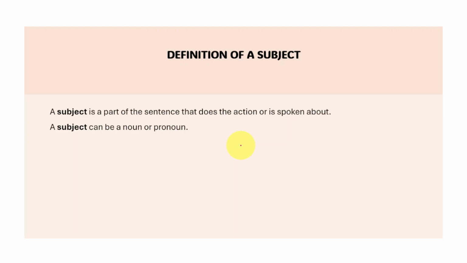A subject is a part of the sentence that does the action or is spoken about. A subject can be a noun or pronoun. When I say noun, Kevin is a noun. Guylain is a noun. Abby is a noun. Amy is a noun. Anne is a noun. Paul is a noun.